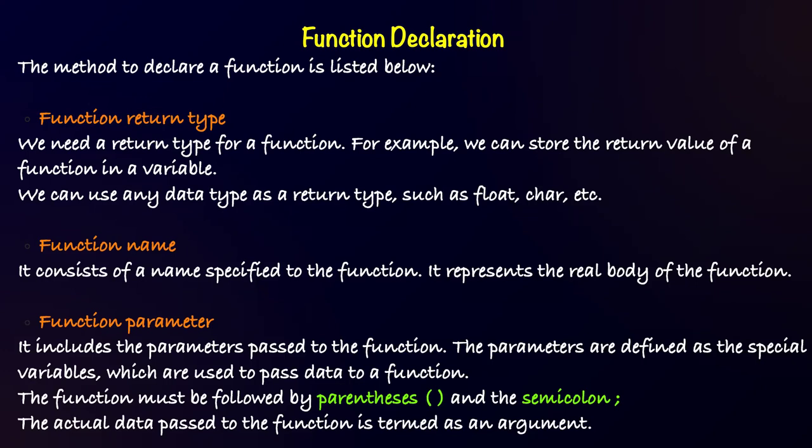That is its purpose. The function must be followed by parentheses and the semicolon. I hope you have understood. The actual data passed to the function is termed as an argument. That is the value or the data that has been passed to the function.